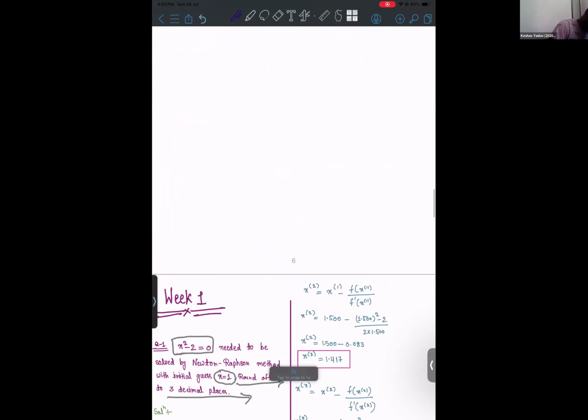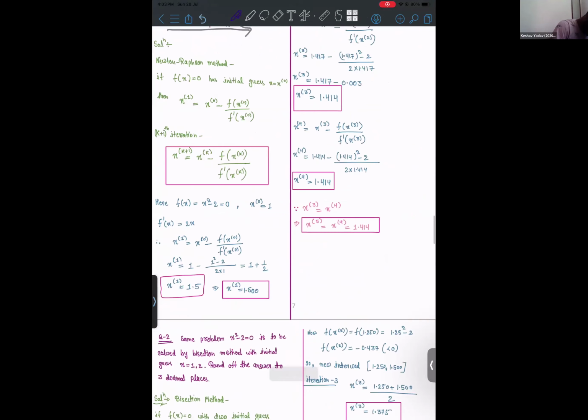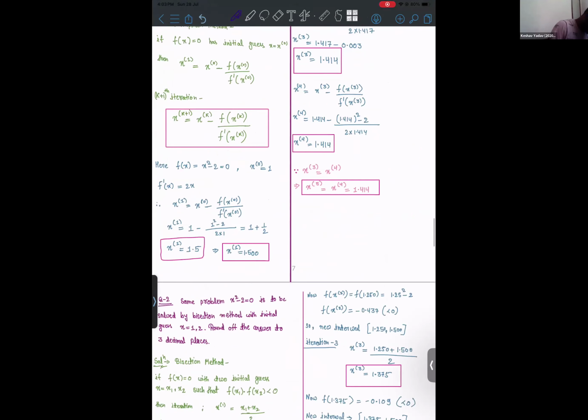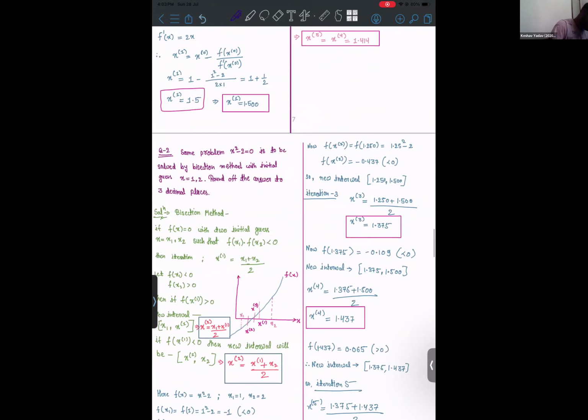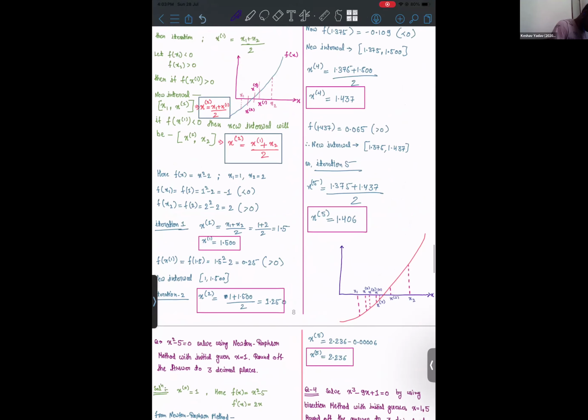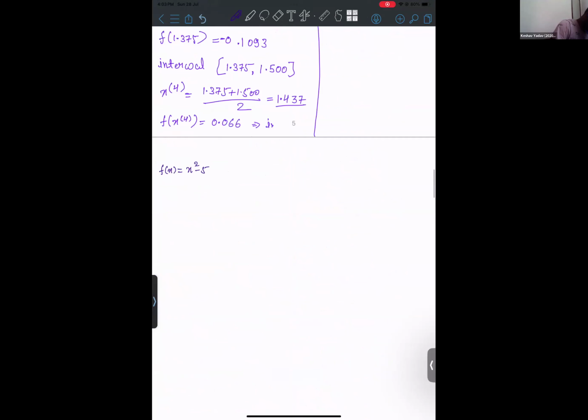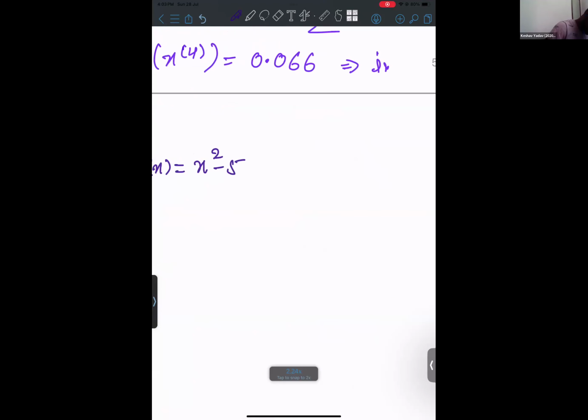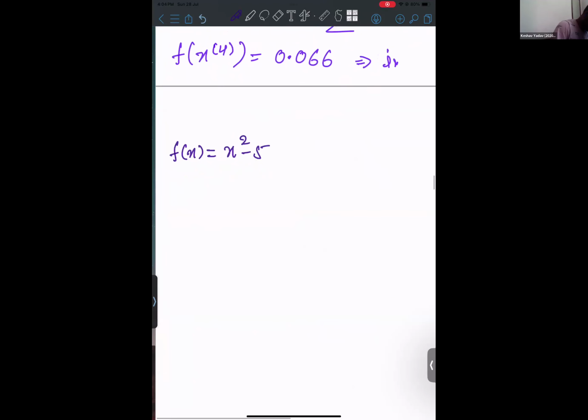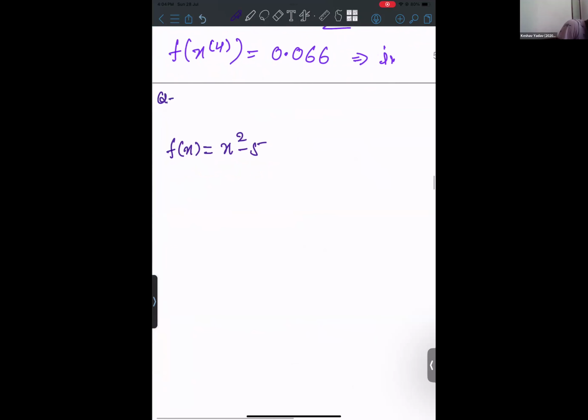So my f(x) here is what? f(x) equal to x square minus 5. And what was the initial guess? I guess 3. Yeah, initial guess what? 1. 1 was my initial guess. So this is question number 3.